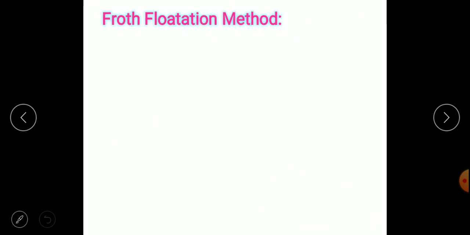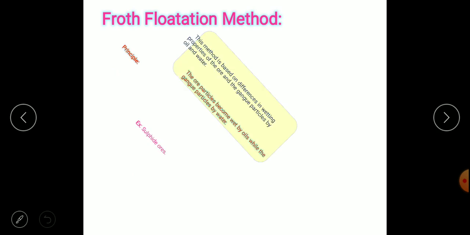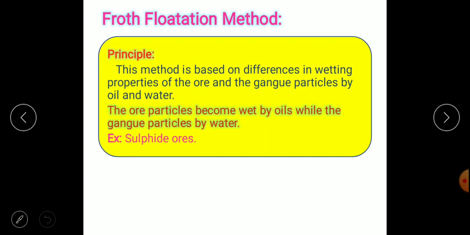Third method is froth flotation method. The principle involved here is that this method is based on the differences in the wetting properties, so we can call it the wettability of the ore and the gangue particles by oil and water. Usually the ore particles become wet by oils.